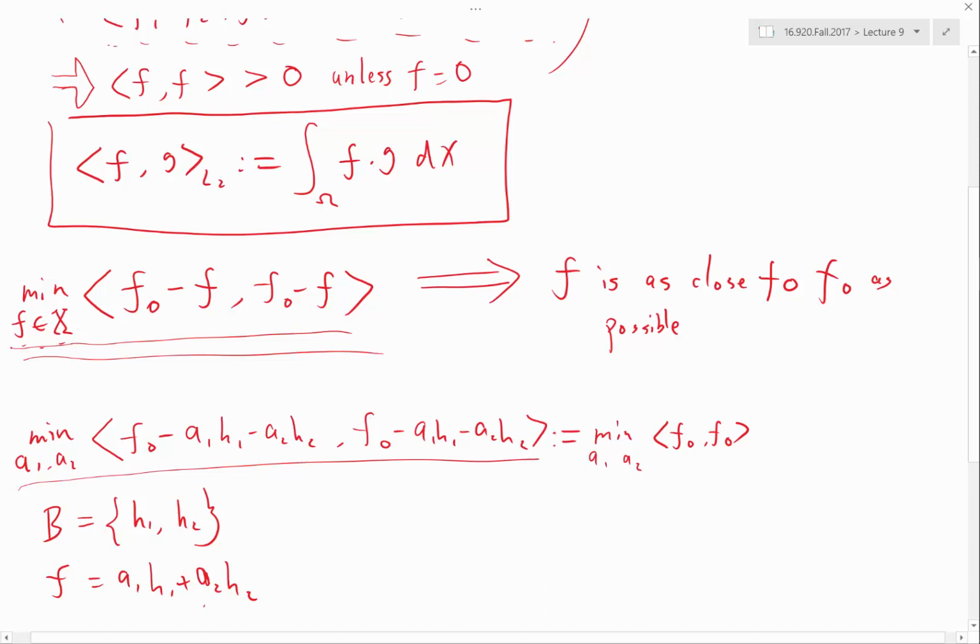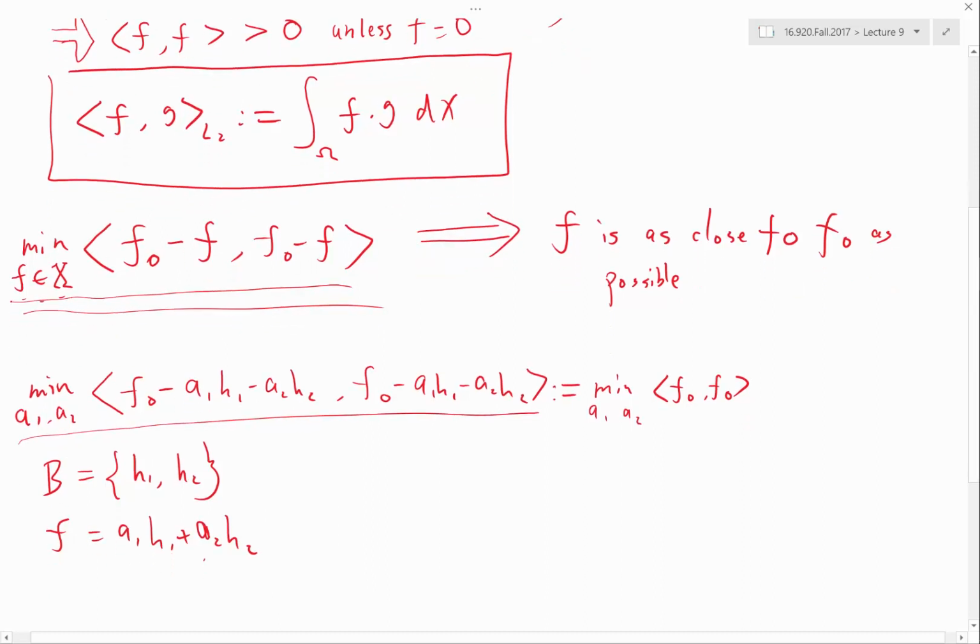let's do it maybe a little bit slowly. I won't actually do all the math over here, but you can imagine minus a1 times h1 and f0 plus etc. Right? So there are linear terms, there are quadratic terms.